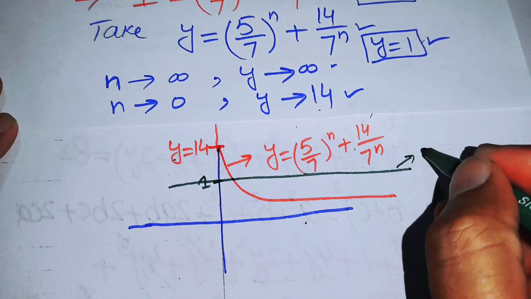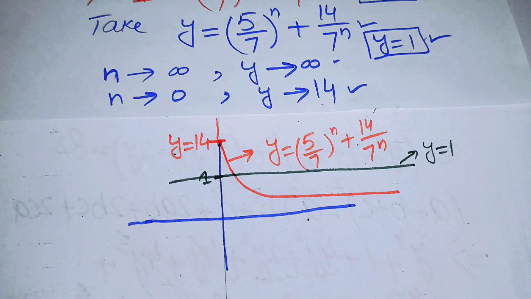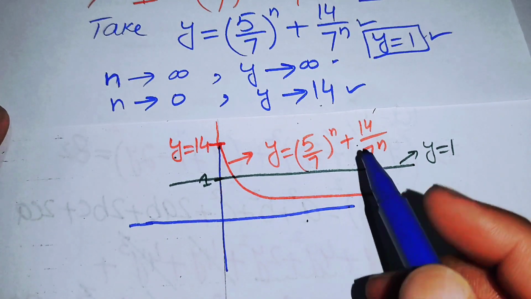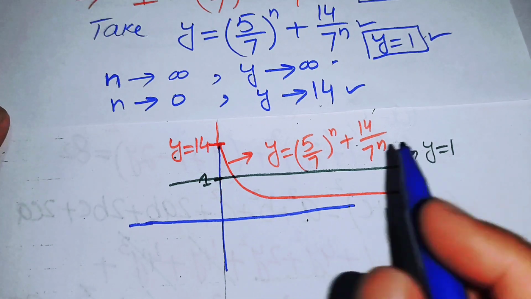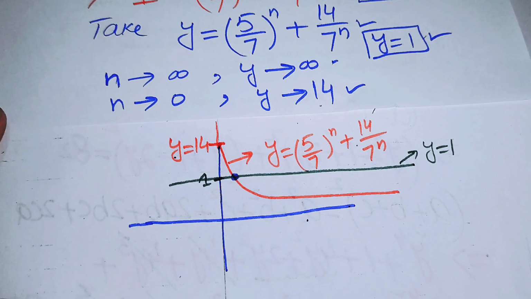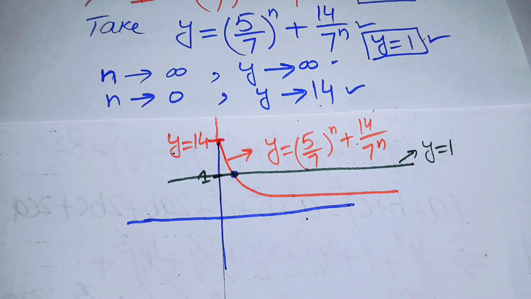Now you can see the graph of y is equal to 5 over 7 to the power of n plus 14 over 7 to the power of n, and y is equal to 1 intersect at this point. So here you can conclude that this point is the only solution of this problem.